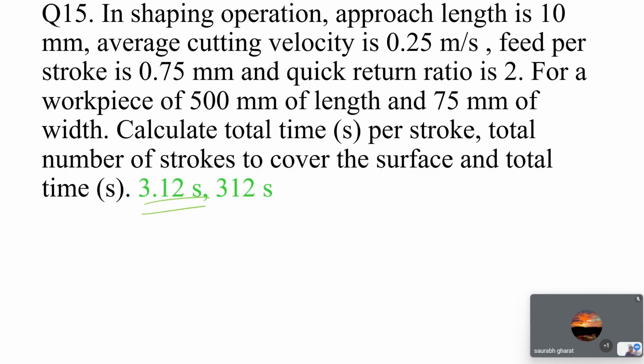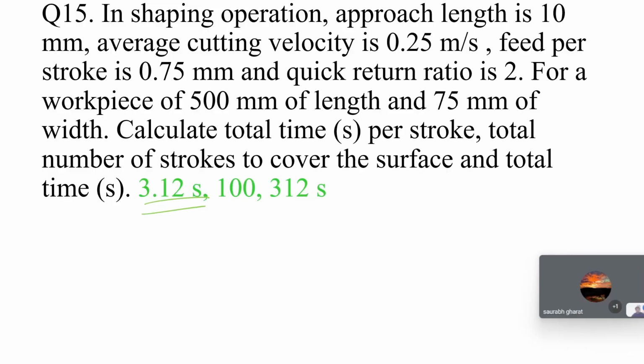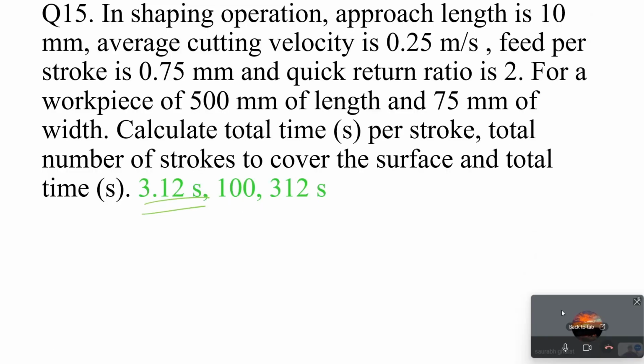To find out the total number of strokes to cover the surface, here we just have to add 100, which is not mentioned, it is 100, which is very simple.